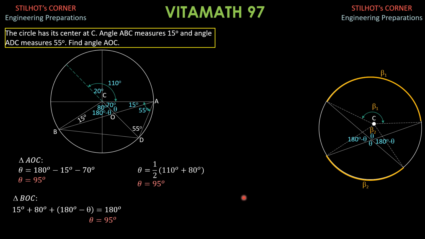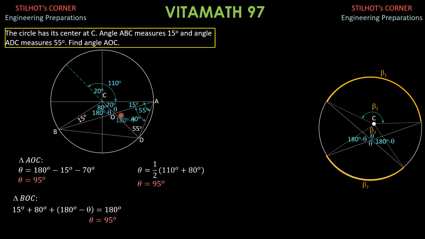So for the third way of determining the angle theta, we consider next triangle AOD. This angle is 180 degrees minus theta as shown, and this angle is 55 degrees minus 15 degrees, so that's 40 degrees.